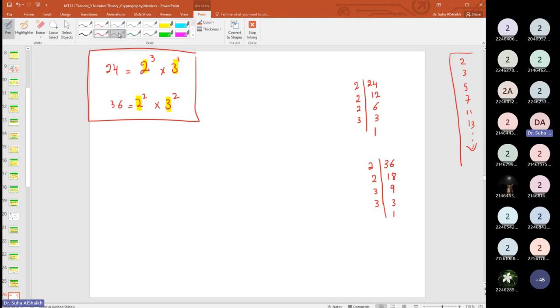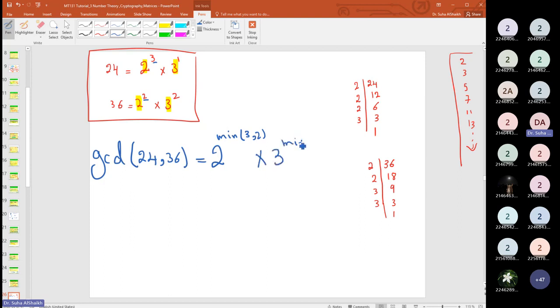In this case, the GCD between the two numbers, the greatest common divisor between the 24 and the 36, is equal to 2 to the minimum power of the two powers that we have, which is the minimum of 3 and 2, multiplied with 3 to the minimum power of the powers of 3, which are 1 and 2.